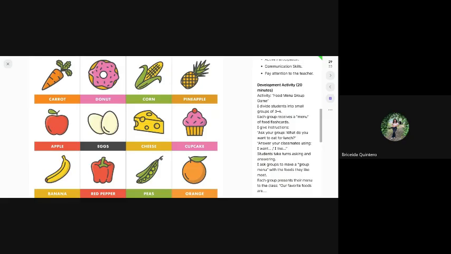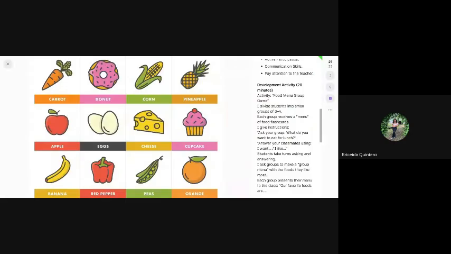In the development part, the activity I will use is a food menu group game. Divide students into small groups of two or three students. Each group receives a menu of food flashcards. I give instructions: ask your group, what do you want to eat for lunch? Answer your classmate using I want or I like.